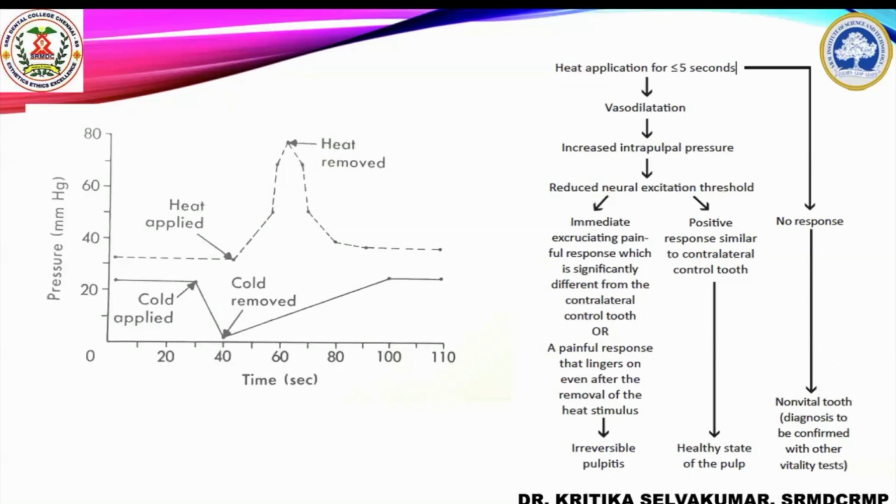This in turn leads to a reduced neural excitation threshold, and the types of responses that can be seen are an immediate excruciating painful response which is significantly different from the contralateral control tooth, or a painful response that lingers on even after the removal of the stimulus, which clearly signifies that the diagnosis is irreversible pulpitis. Or the patient can give an immediate response which is similar to the contralateral tooth, which is positive in nature, and this signifies that it's a healthy state of the pulp.